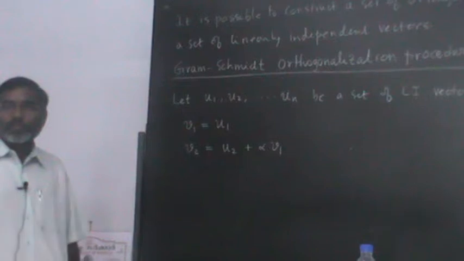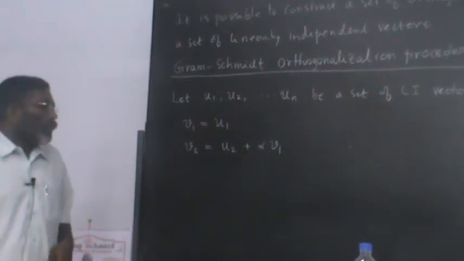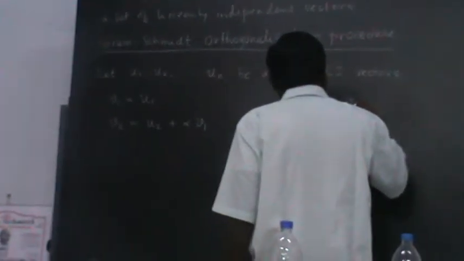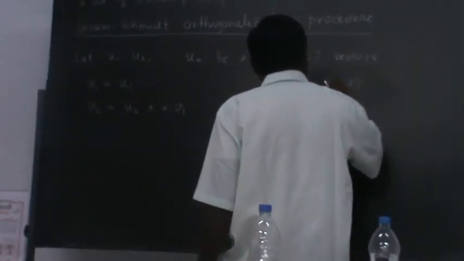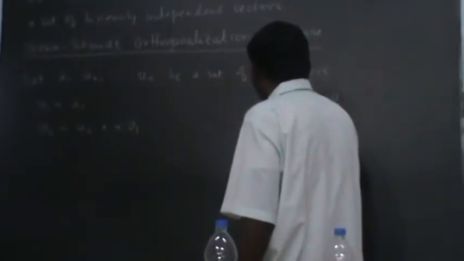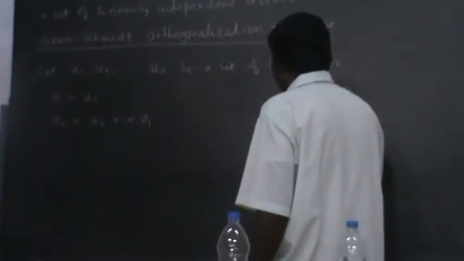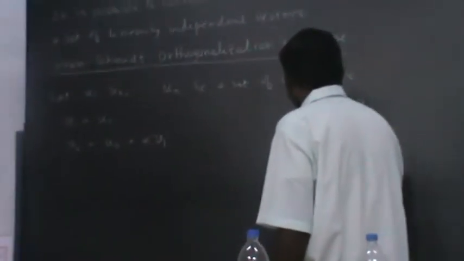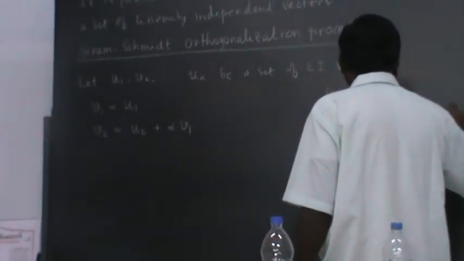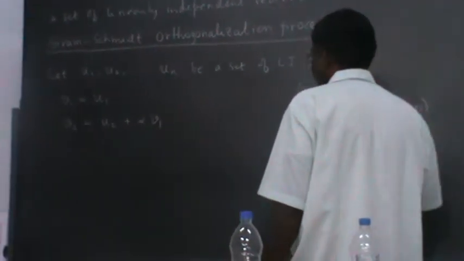Is it clear? So what is the demand I will put? I will put the demand as v2 comma v1 is equal to 0. But what is v2 comma v1? It is v1 comma u2 plus alpha times v1 comma v1.